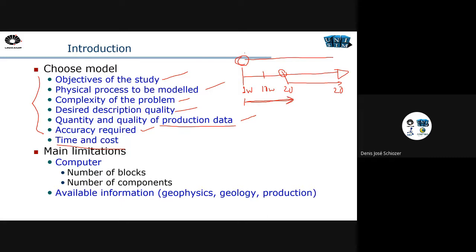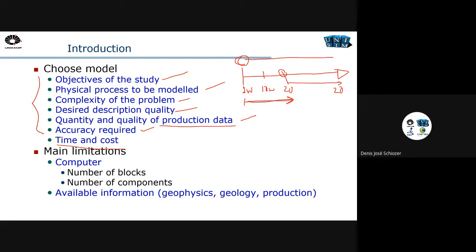We can build our reservoir simulation models in Petrel, for example, with all the geology, all the geoscience data there, the lab data there. So we keep changing the model as we need, as we go into the life of the field, advancing time here, okay?